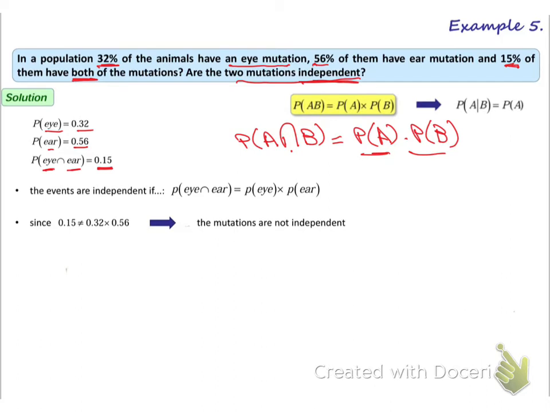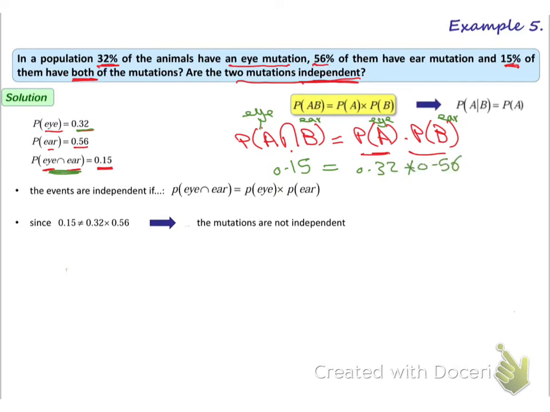So from this problem, let us assume that A is the I and B is the E, okay? So the probability of A intersect B, the I intersect E, which we already have here, 0.15, equals the probability of A, which is the I, 0.32 times 0.56.